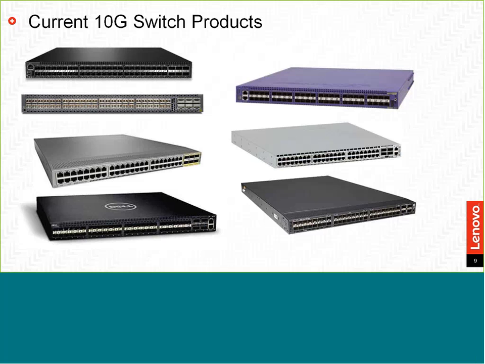The most current ASIC is called a Broadcom Trident 2. So for the most part, if you're getting a 48-port, 10-gig switch with either 4 or, on some of the newer switches, 6 40-gig ports, in a lot of cases it's a Broadcom Trident 2 switch. So you're basically buying the Intel of networking by using Broadcom.